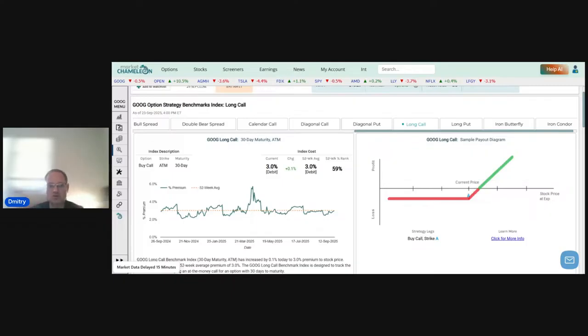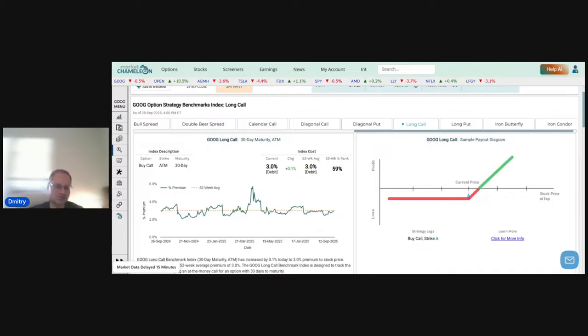We can't do it in dollar terms either, because we can't say, well, here's a $3 option, but what does $3 mean? If the stock is $100, paying $3 for an option is different than if the stock is $10 and you're paying $3.